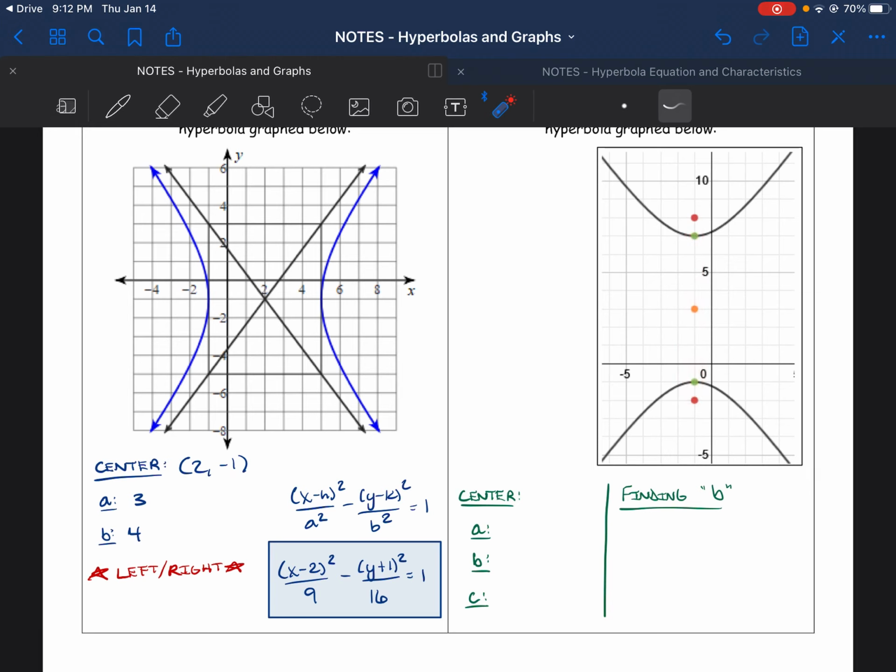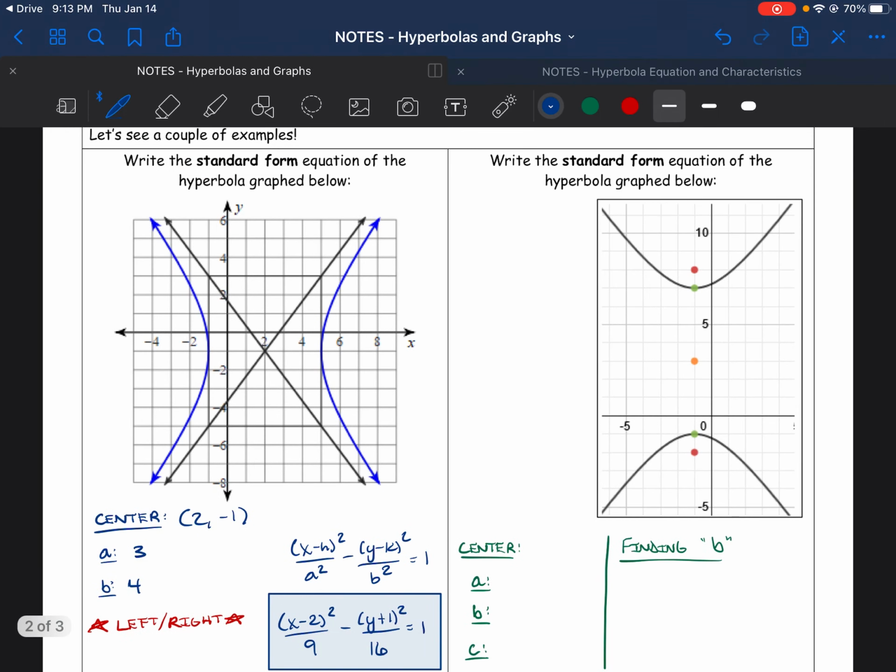We're going to find the C term using the distance from the center to a focus point, and then use the equation c squared equals a squared plus b squared, plugging in A and C that we just found, to solve for B. We can see pretty clearly this hyperbola is opening up and down.